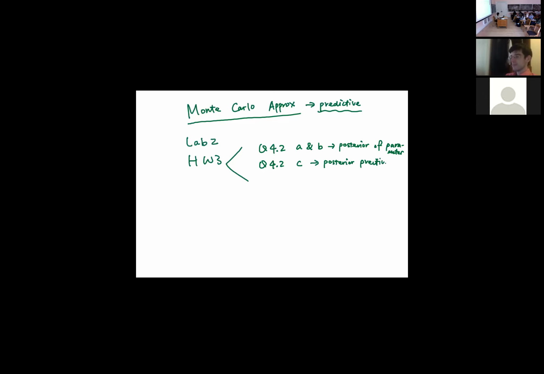That's when you start to generate new data. Okay, you're trying to generate new data. So that's question 2, part C. And then question 3, which is 4.3, they have both A and B, but both of these are talking about posterior predictive checks.